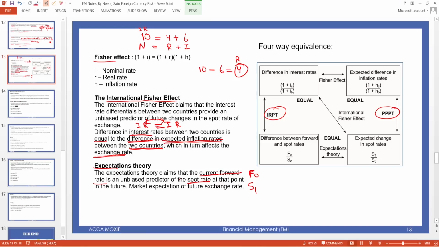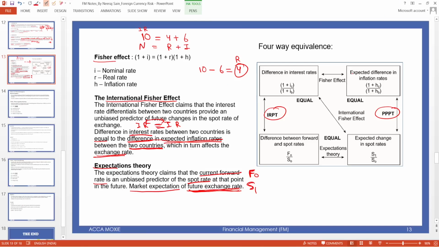The current forward rate and spot rate difference is due to the market expectations of future exchange rate, because we as a company are expecting that our exchange rate may appreciate or depreciate. So this is our assumption, and this difference is due to our market expectations.